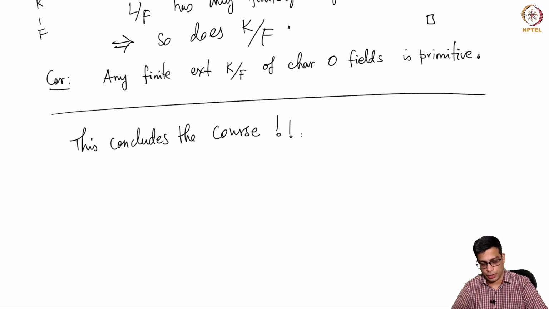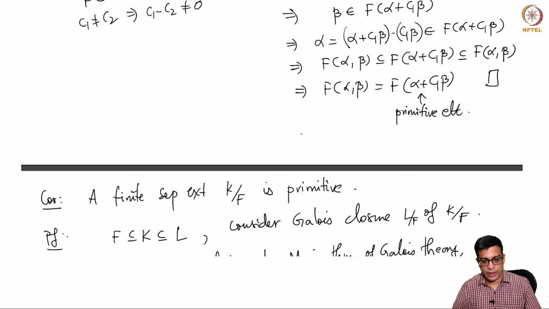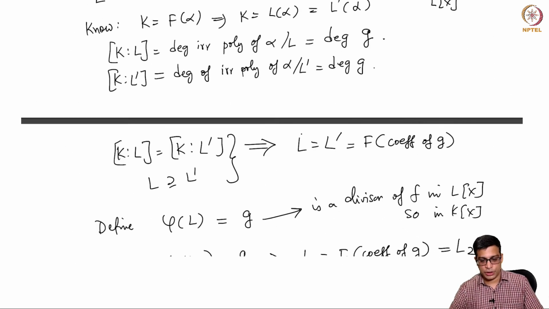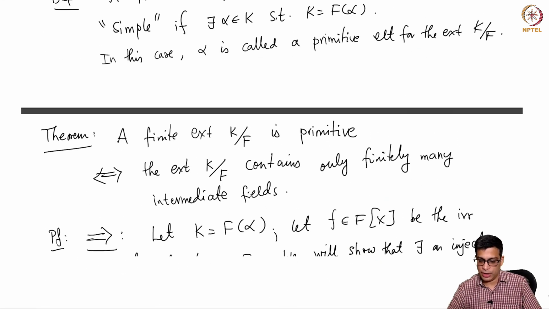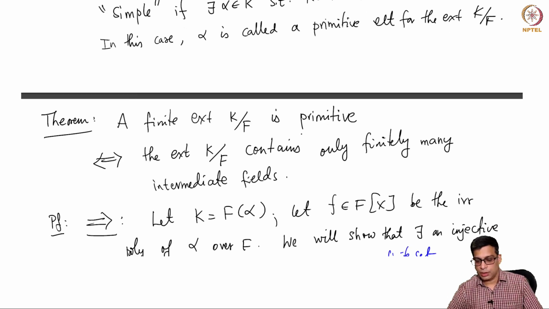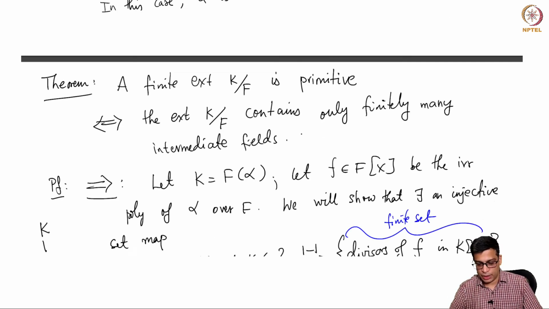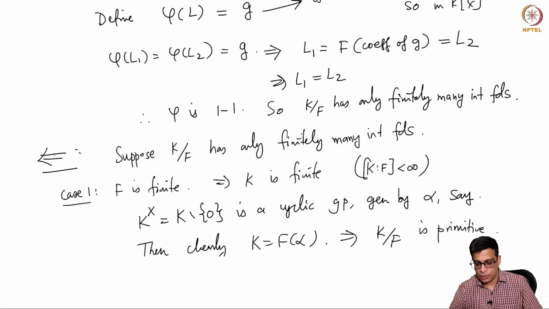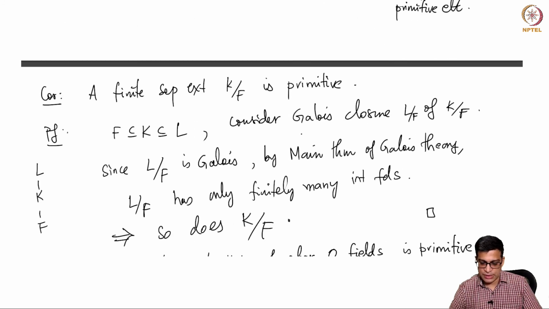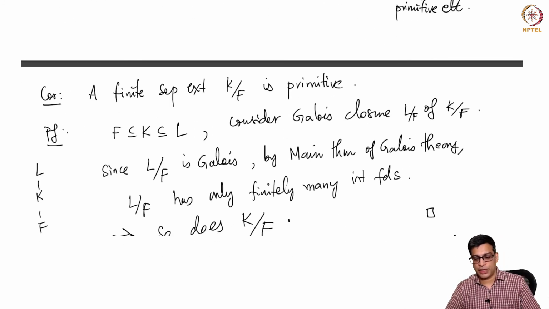So they are not solvable, in other words. And then in the last few videos we solved several exercises which illustrate many of the theorems that we have done, and we ended with the primitive element theorem, which is a very useful thing to keep in mind, namely that any extension which has only finitely many intermediate fields is primitive, and the most common application of this is that any finite separable extension is primitive.